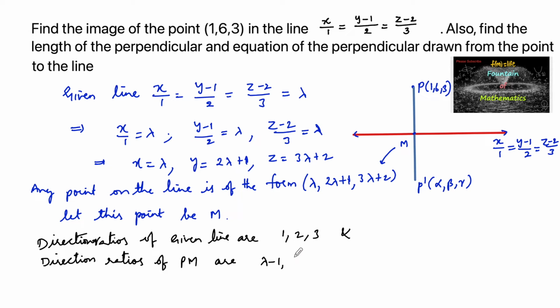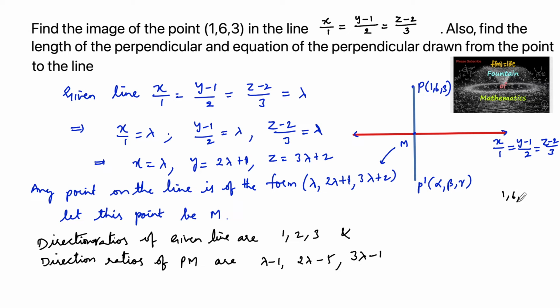So we can write lambda minus 1, 2 lambda plus 1 minus 6, that is 2 lambda minus 5, and 3 lambda plus 2 minus 3, that is 3 lambda minus 1. So these are the direction ratios of PM.